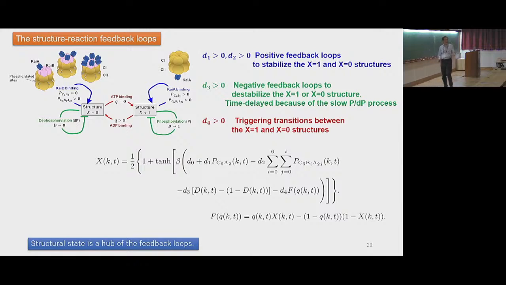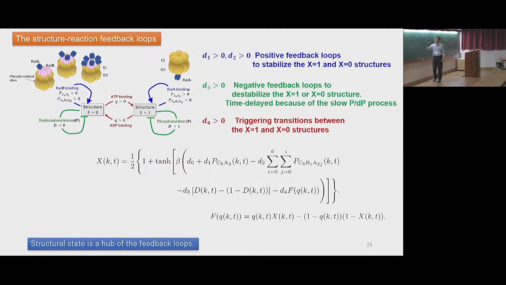So this is the mechanism by which the oscillations take place in each individual KaiC molecule. If the positive feedback is strong, the X equals 1 state continues, or the X equals 0 state continues.